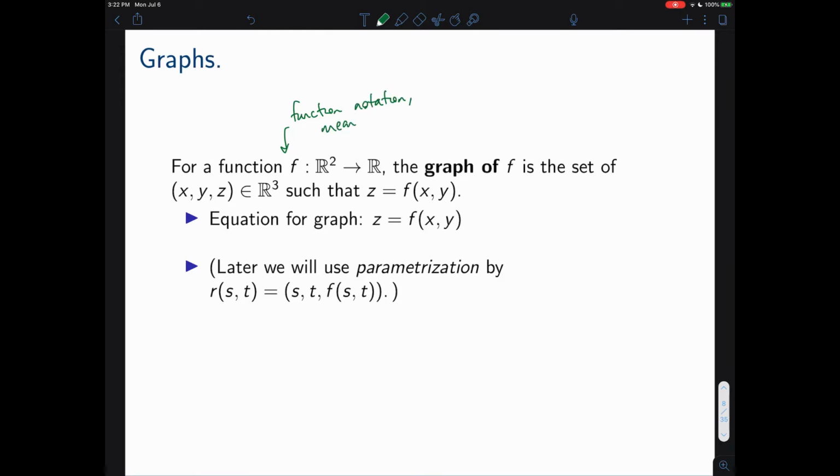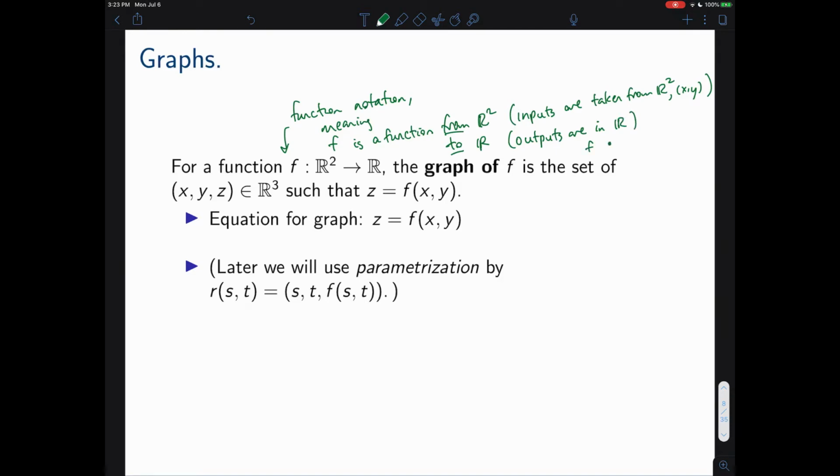What it means is that f is a function from R2 to R. So the inputs are taken from R2. In this case, we would have x, y's as our inputs, and it's a function to R, meaning the outputs are in R.